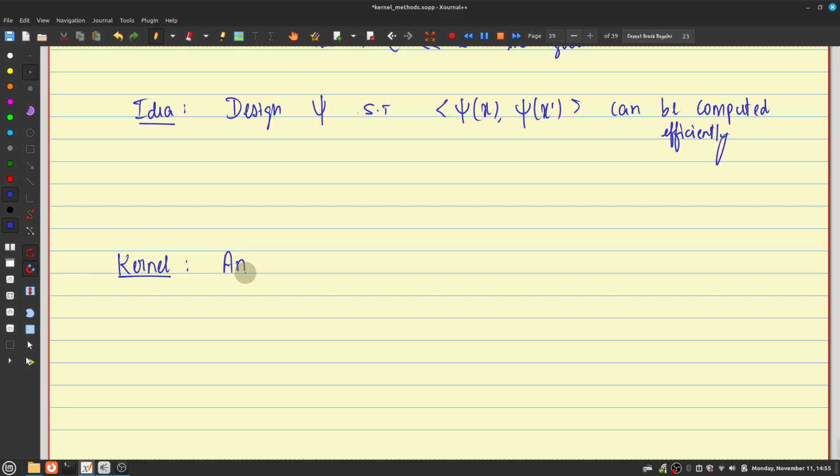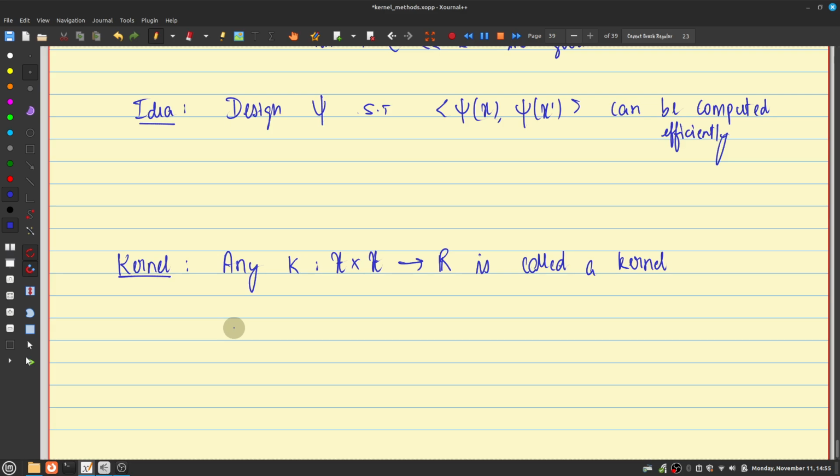So any function k that takes two elements from the domain and outputs a real number is called a kernel. That's a general definition of a kernel, but depending on which reference you use, any function may or may not be called a kernel.